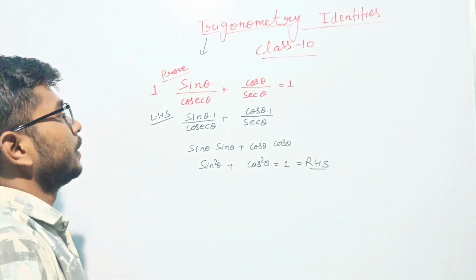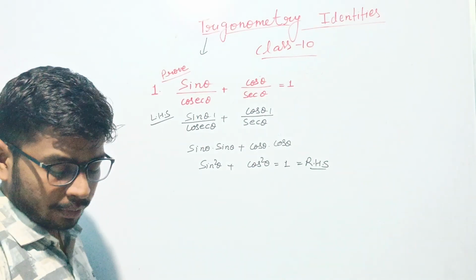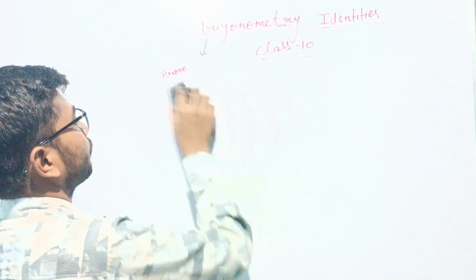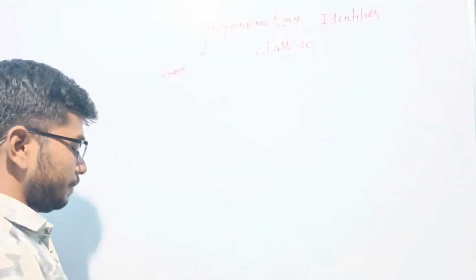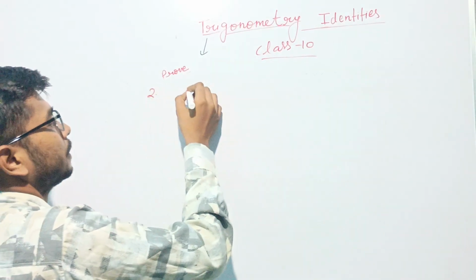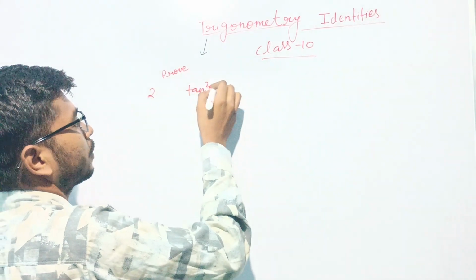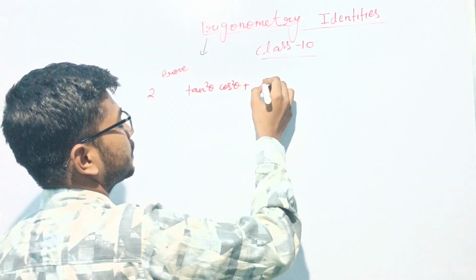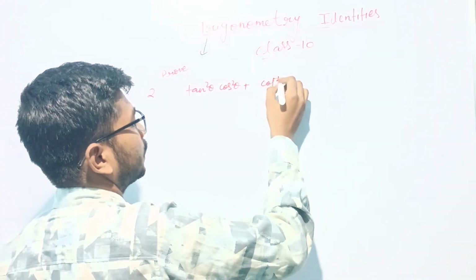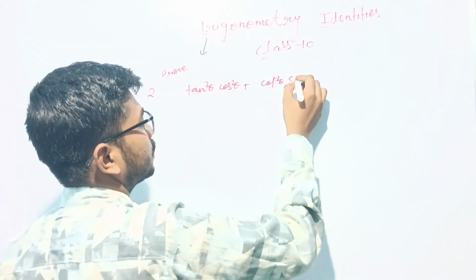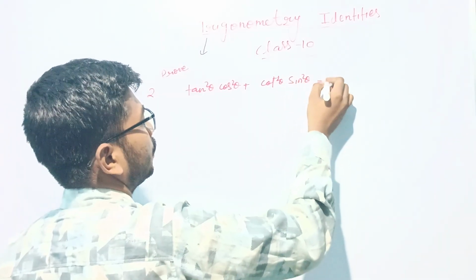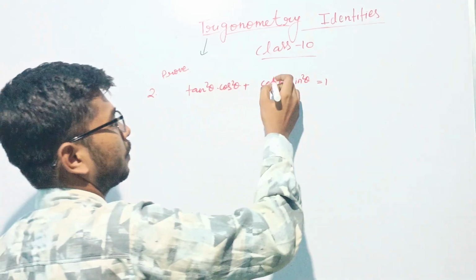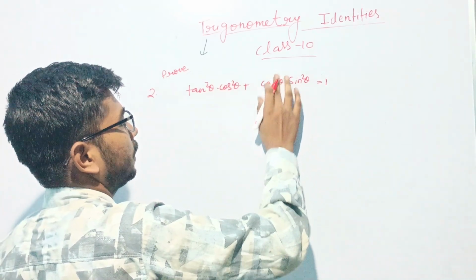Let's do the second question. This was a very basic question. Tan square theta into cos square theta plus cot square theta into sin square theta is equal to 1.